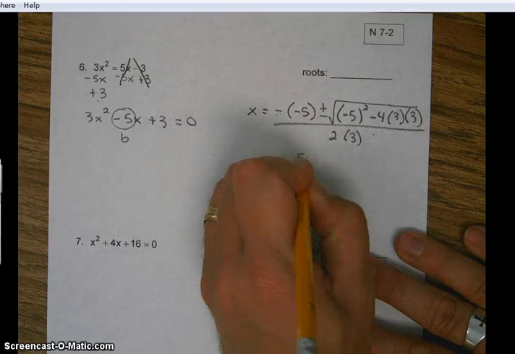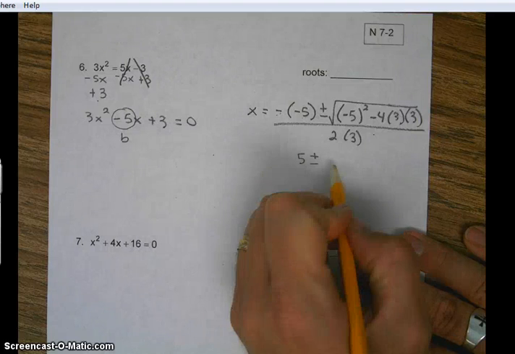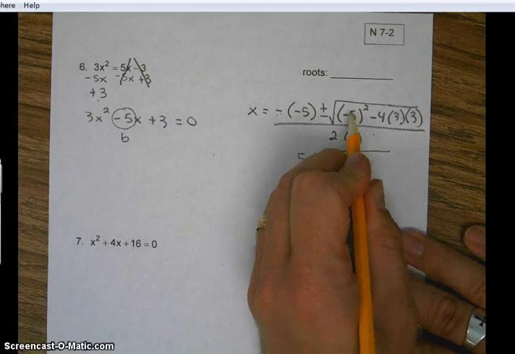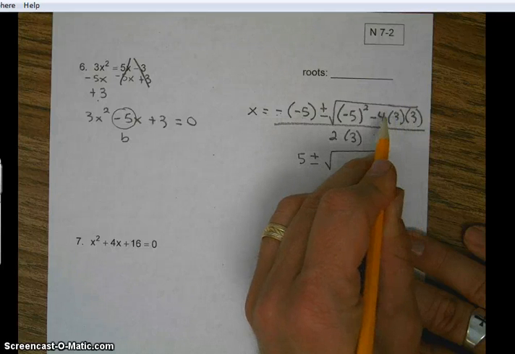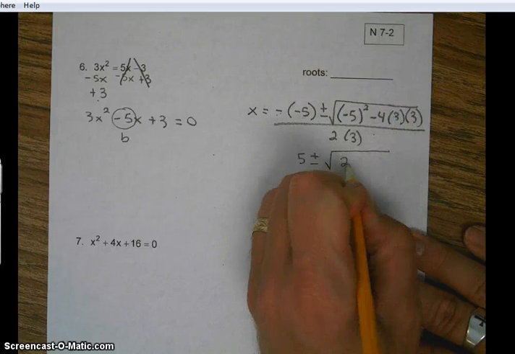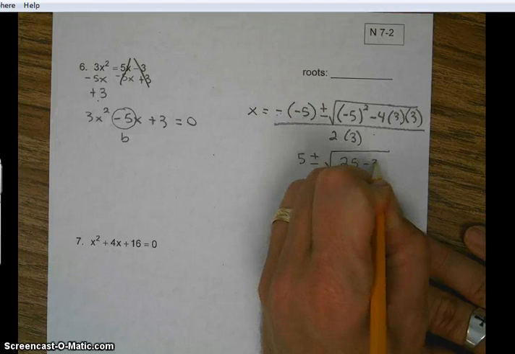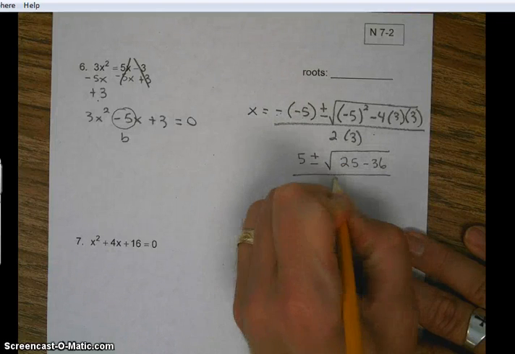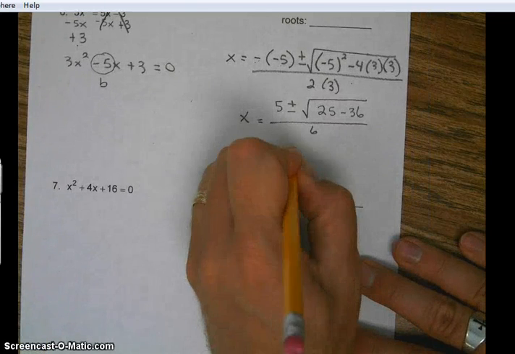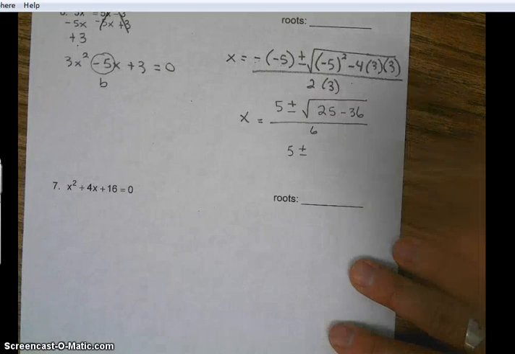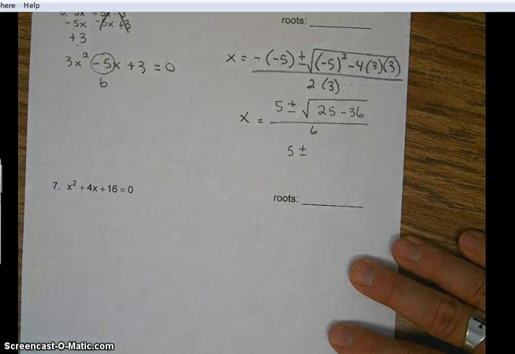So quickly, let's simplify this. We're going to get 25, and then 3 times 3 is 9, 9 times 4 is 36. So we're going to get 25 minus 36.